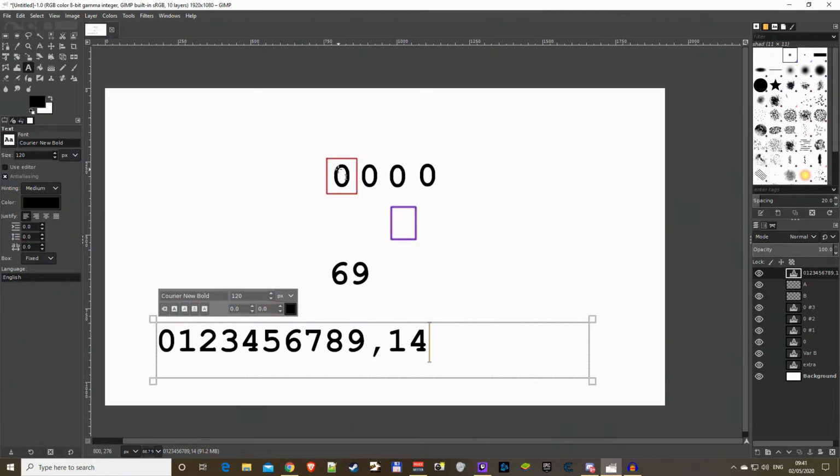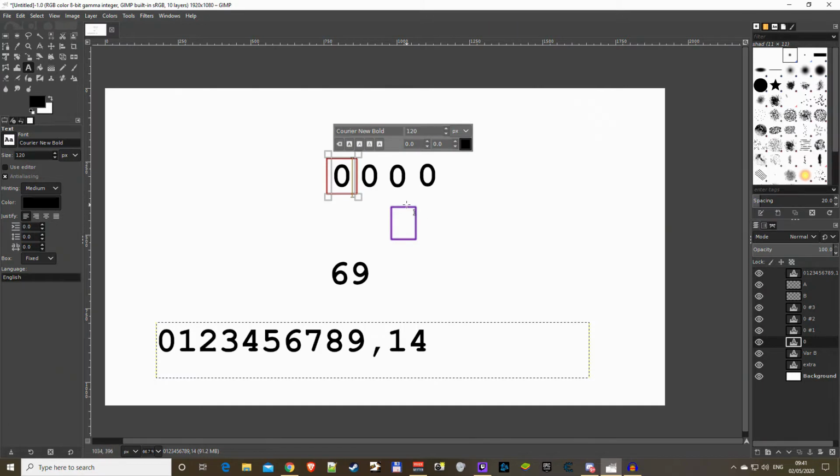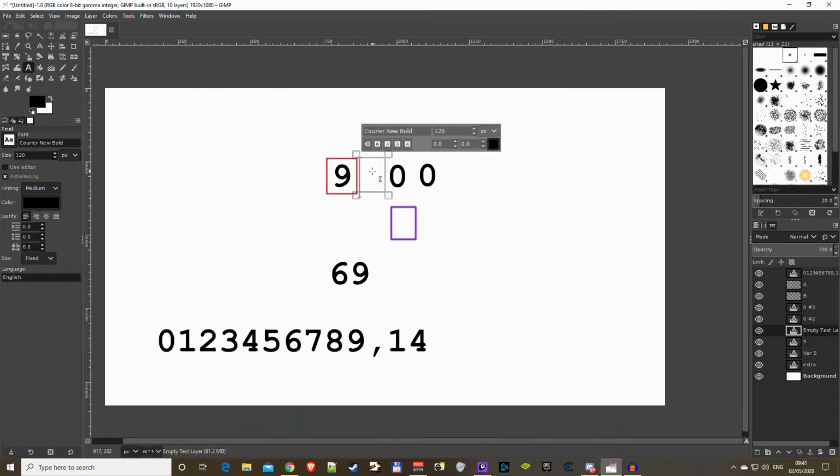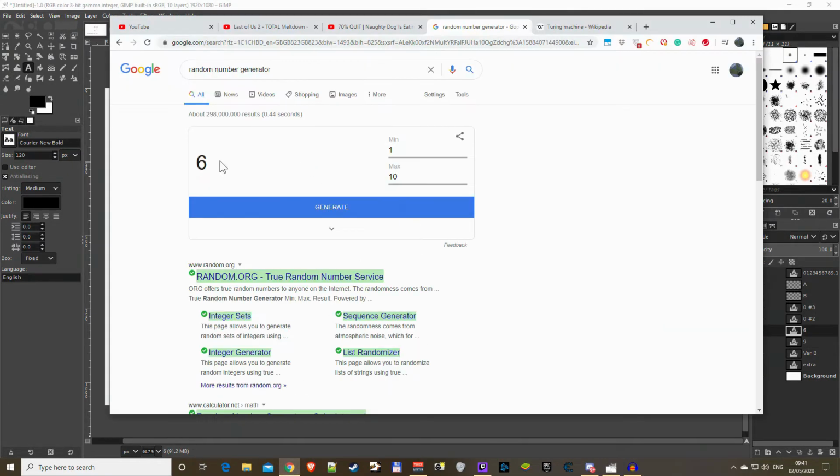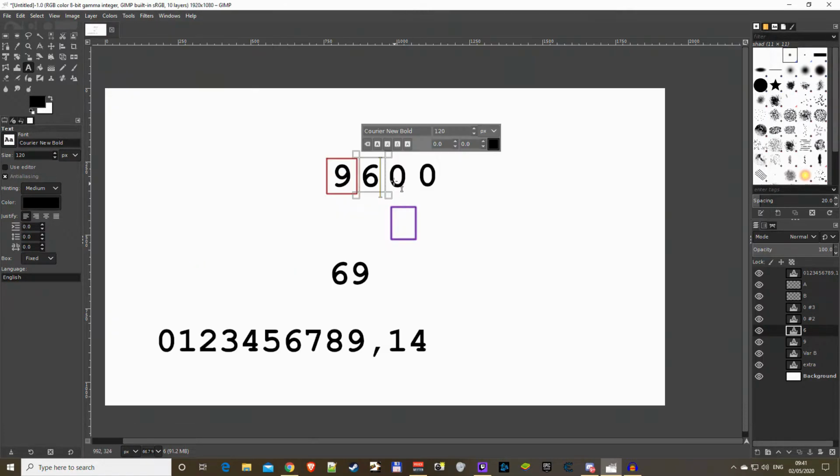9. Oh, it's a good number. I'll take 3 digits, I think. 6. 10. Well, we can take this 10, and this one will be non-existent.